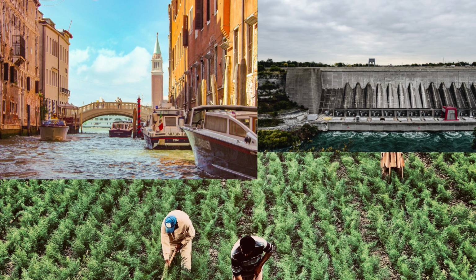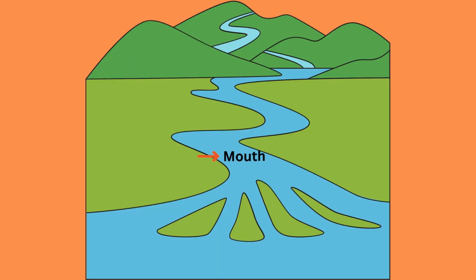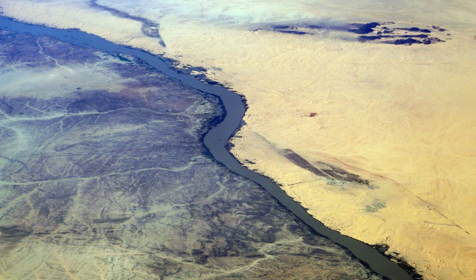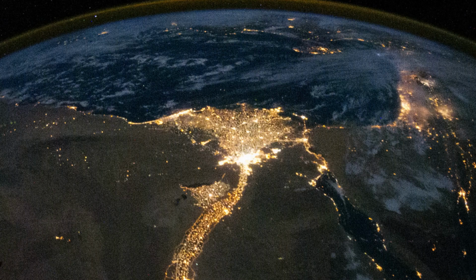River banks are very useful for the agricultural sector. The end of the river is called the mouth and it can be anywhere, in a lake, in the sea or in another river. Nile is the largest river on the earth. It passes through almost 7 countries and its mouth is at the Mediterranean Sea.